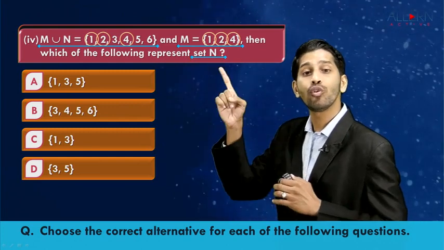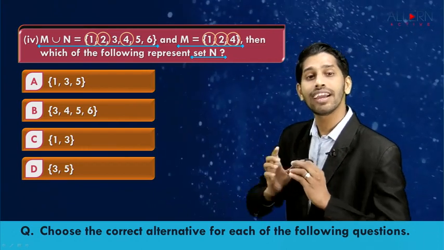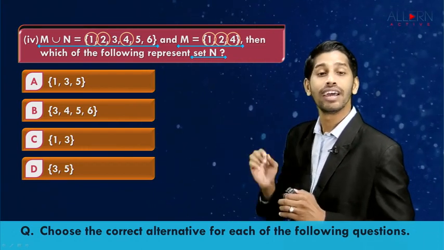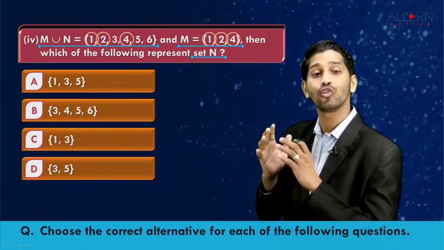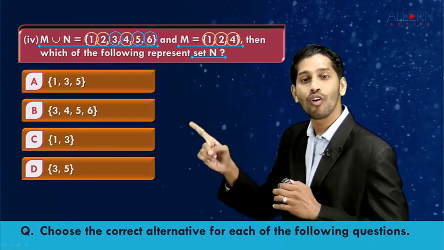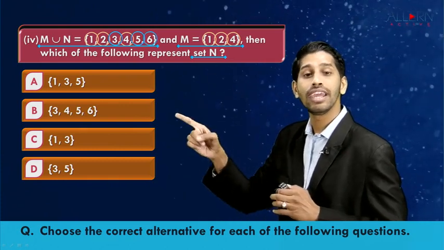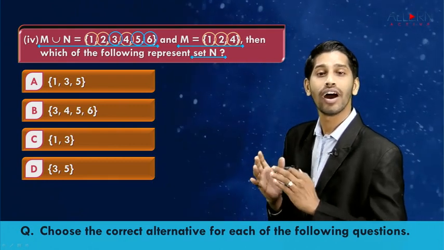It means we have to create set N in such a manner that it must contain these 3 numbers: 3, 5 and 6. It may have extra numbers but it should have 3, 5 and 6. And if you observe all 4 options, option B is the only option where we have all 3 numbers, that is 3, 5 and 6.